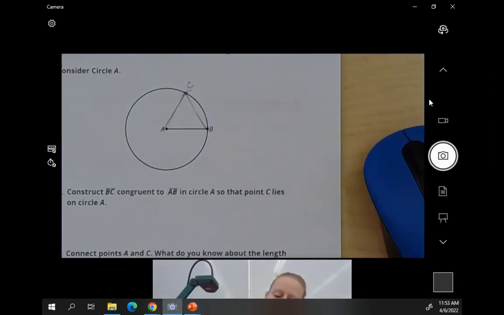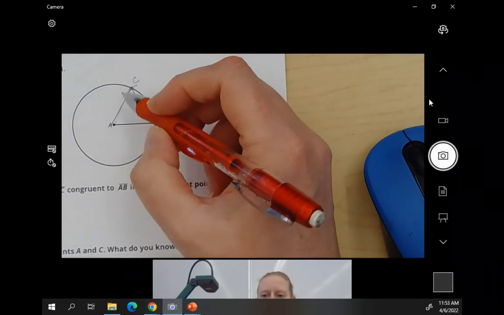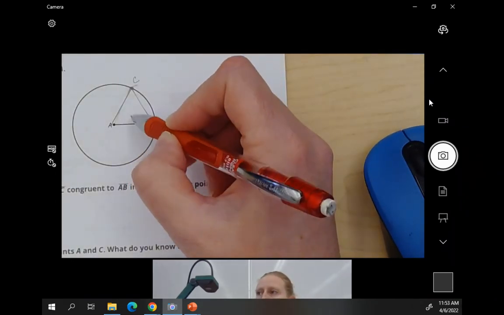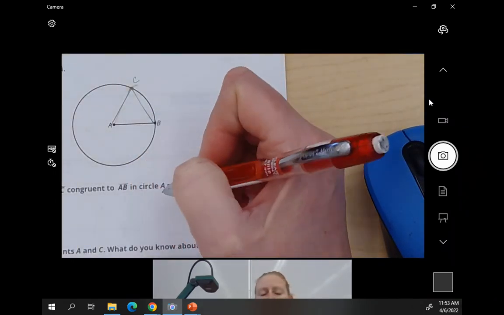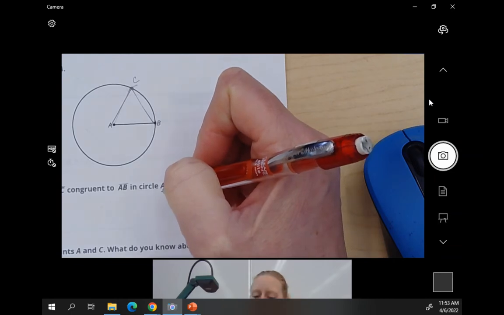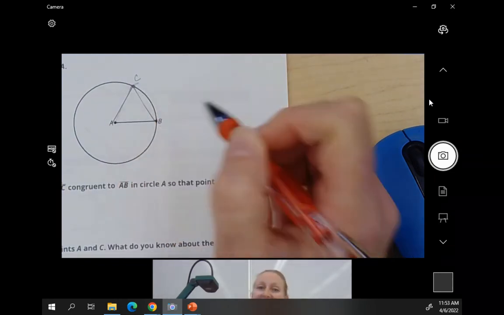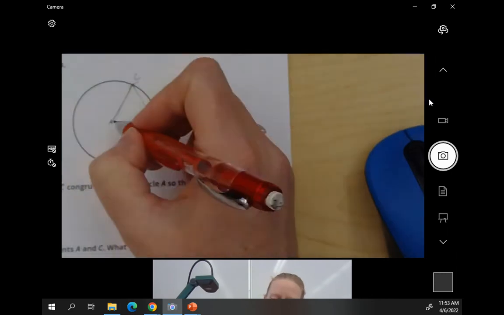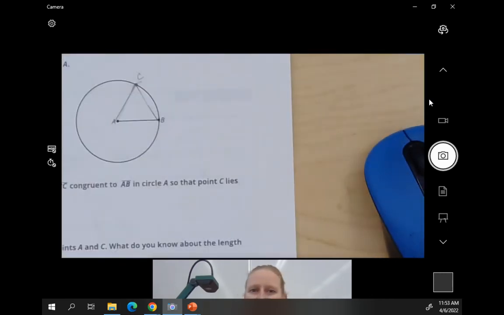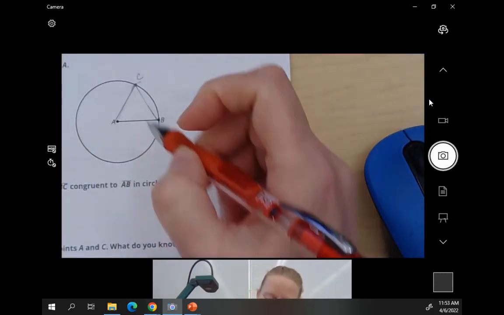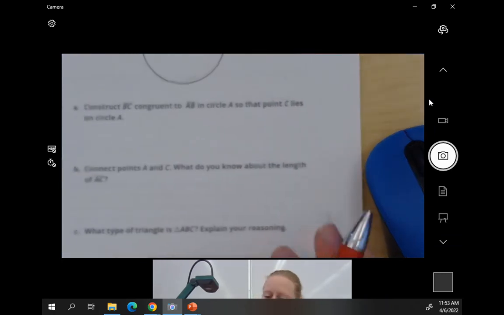Now, what do I know about the length of AC? Well, I know that the length of AC is the same as the length of AB because they're both radii of the same circle, right? AB is a radius, AC is a radius. It's the same circle. So I'm going to write that down here.